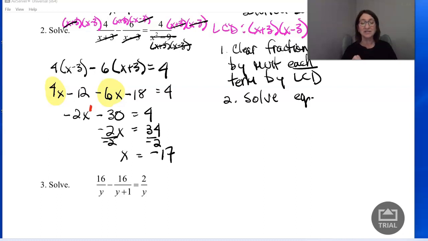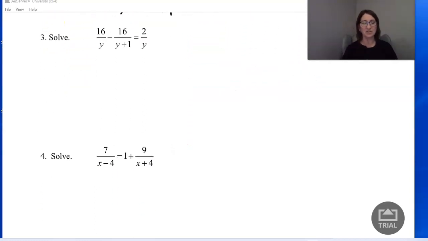When I go back to that original equation, I look at my denominators, and if I plug a negative 17 in to any of those x's, I am not going to get a 0. So that means that's a good solution. It checks out.